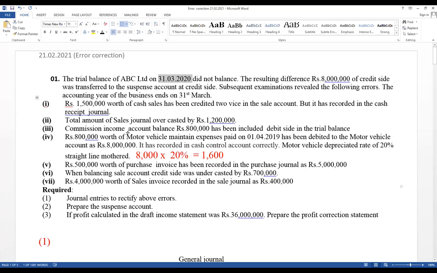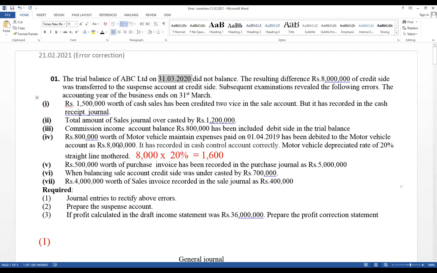If it had been correctly recorded, the cash account would be credited and the motor vehicle maintenance expense account debited 800. But it has been debited to the motor vehicle account.